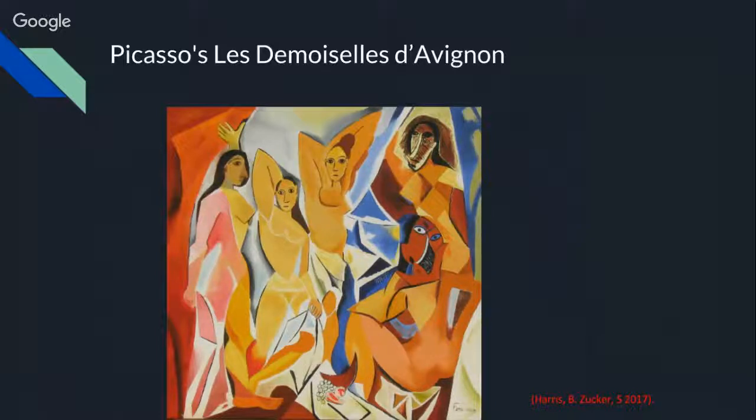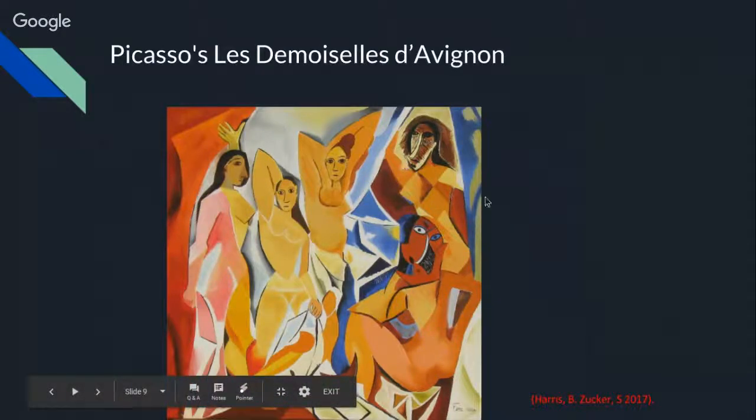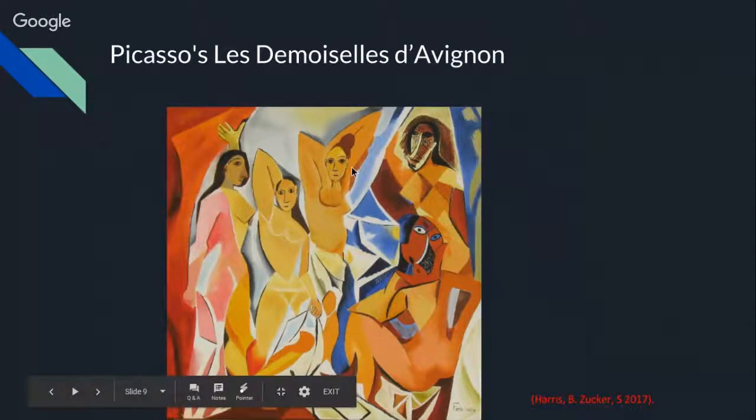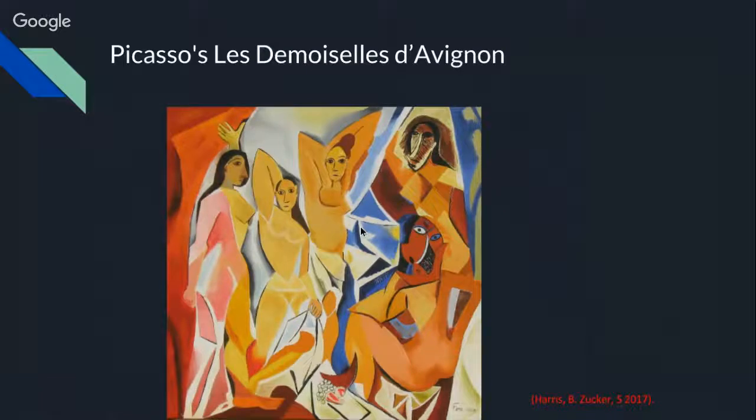So a lot of prostitutes were hanging out in this street. And as we can see here, these women are fully nude and fully open to give their services out. And so this is the idea of a woman who is available, right? As we can see, she's naked.